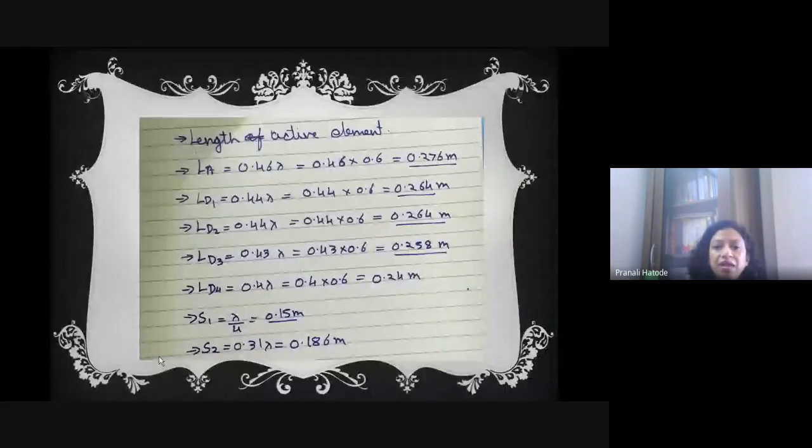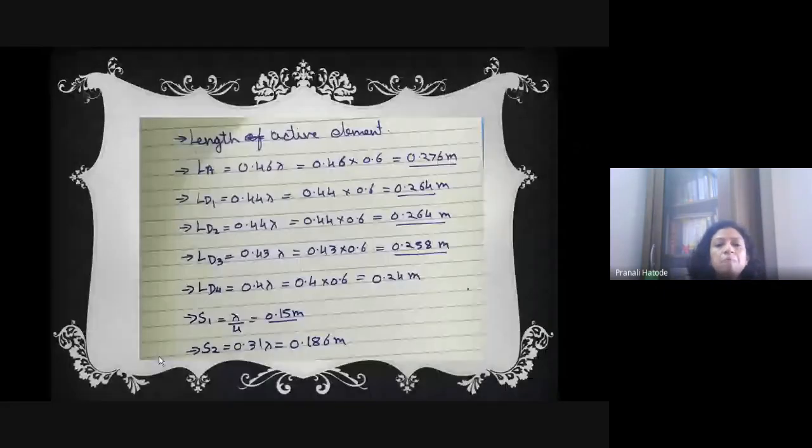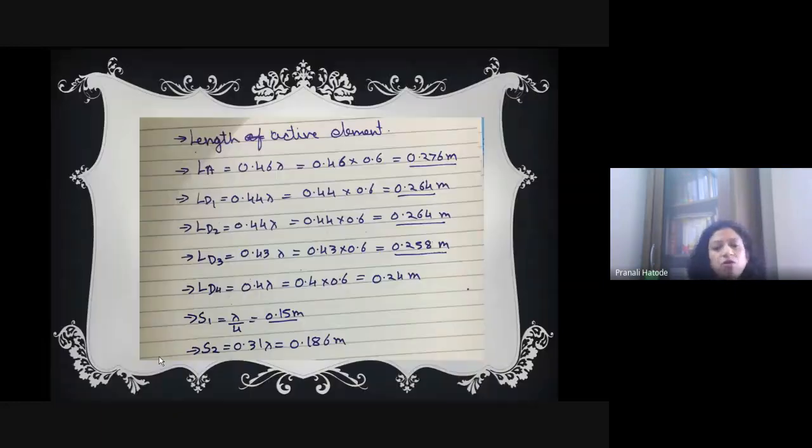Then I have found out the length of the active element and the length of director 1. Directors 1 and 2 will remain the same because they are of the same length. Then directors 3 and 4 are found out. Then the spacing between the active element and the reflector, that is S1, and between the active element and all the other directors, that is S2.